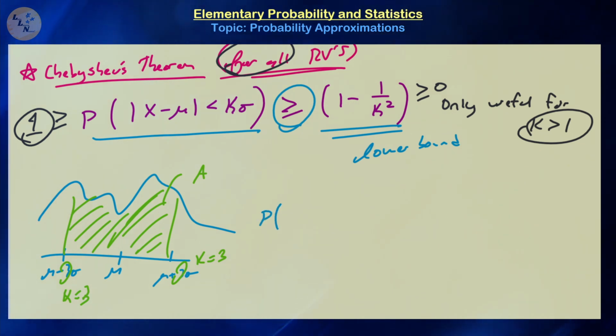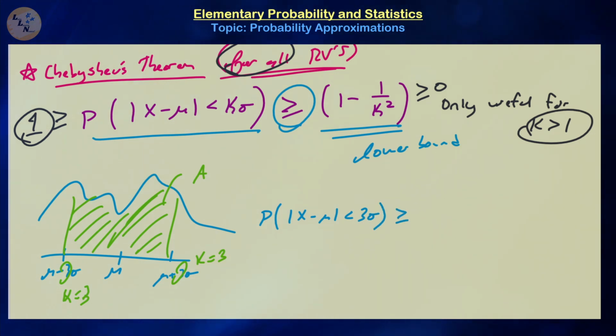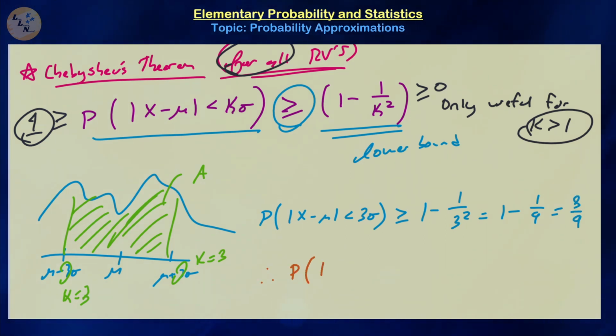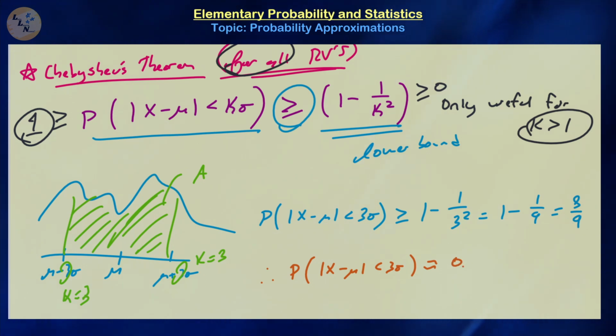So the probability that you're within 3 standard deviations of the mean, according to Chebyshev's theorem, is going to be greater than or equal to 1 minus 1 over 3 squared, right? So what is 1 over 3 squared? So that's going to be 1 minus 1 over 9, which is going to be 8 over 9. That means the probability that you're within 3 standard deviations of the mean is always going to be at least 88.89%, right?